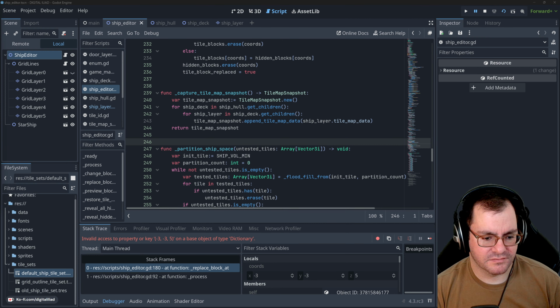Okay, so that was ridiculous. So we need to just get rid of this whole reference to this. Do we even need an erase mode here? Replace reveal hidden block at. We're handling that here, right? Although, wait, no, we do an erase mode for this, so we need tile blocks. We need to change it to this. We actually just need to take this and plug this in here.